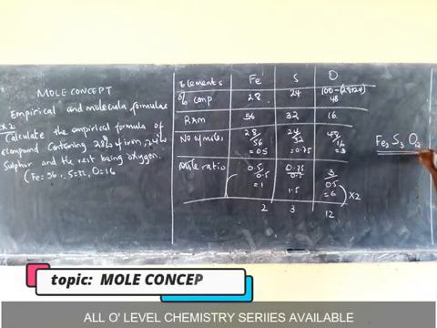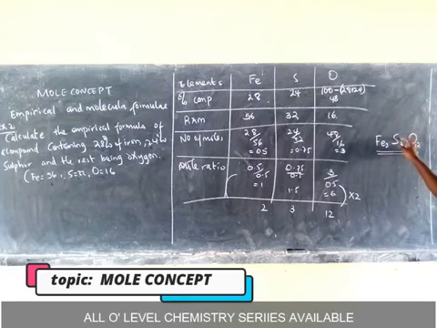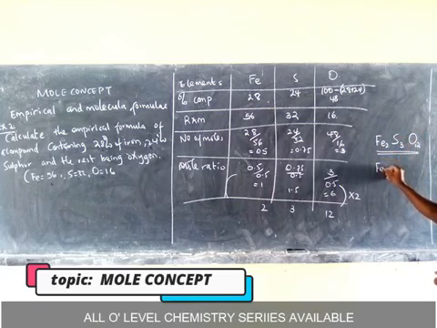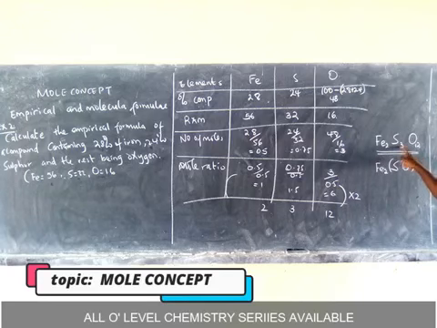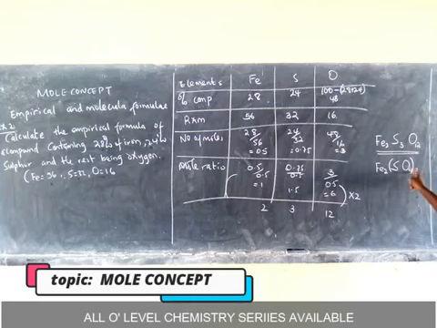But I can simplify this one more, dividing the sulfur and oxygen by 3: here I get 4 by 3, I get 1, so I put the 3 outside. Because when I multiply 3 times sulfur, I get 3 sulfur, 3 times oxygen, I get 12 oxygen, so it is the same thing.